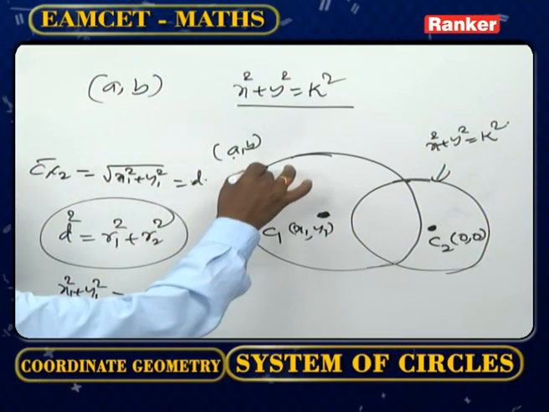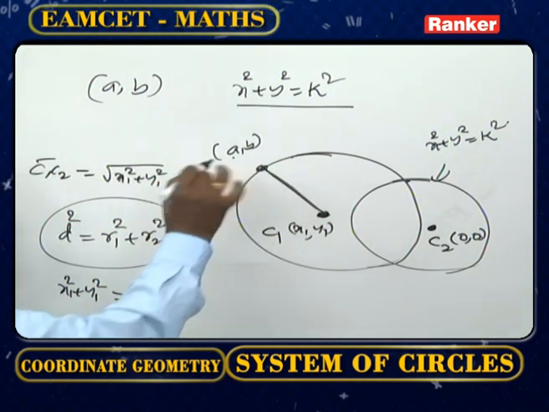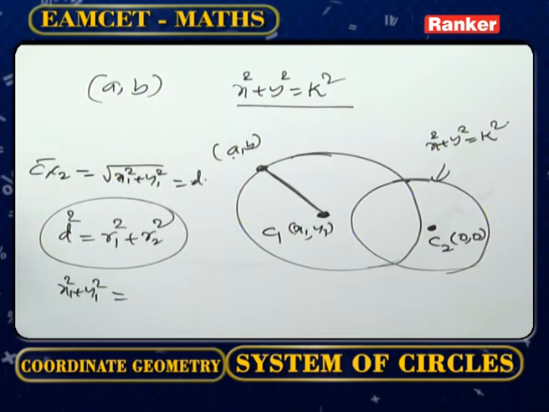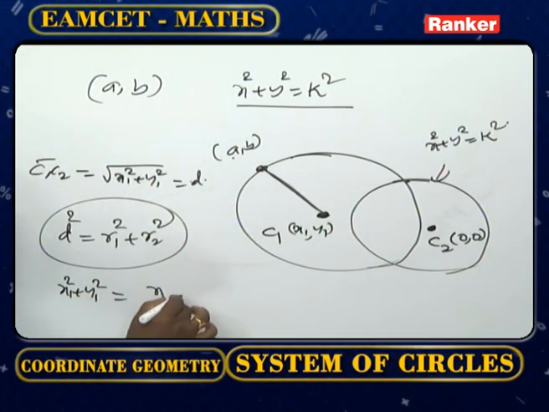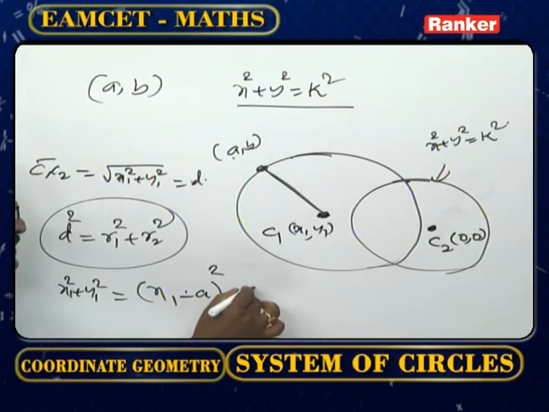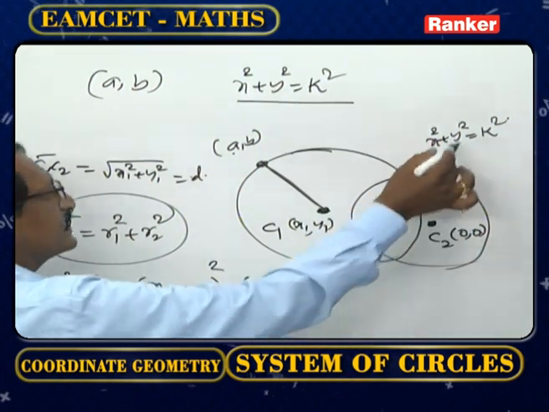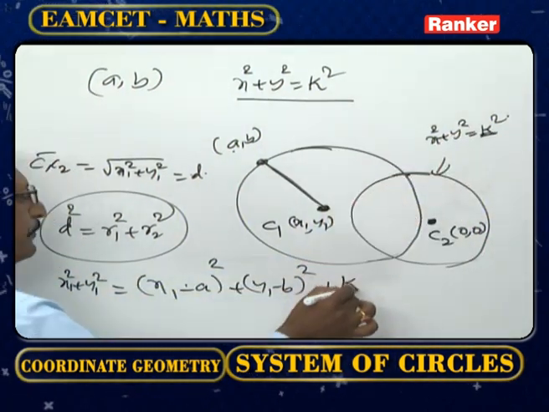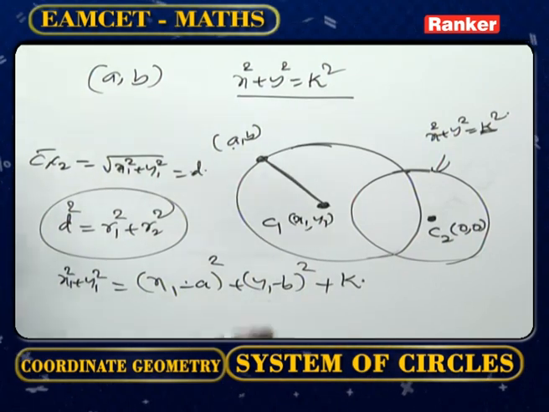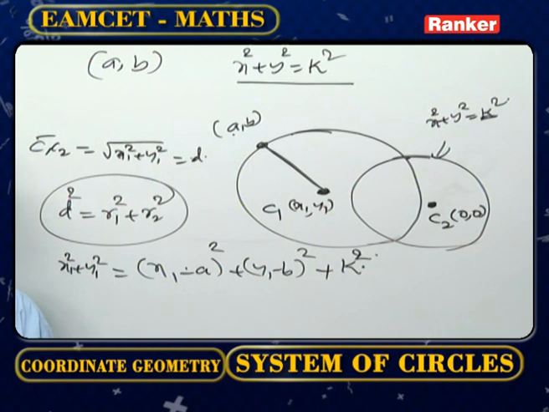This equals r1², the radius of the first circle, which is the distance between the center and any point on the circumference of the circle: (x1 − a)² + (y1 − b)², plus the radius of the second circle, r2² = k².